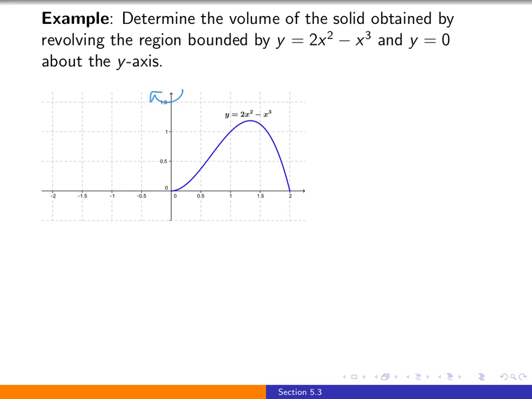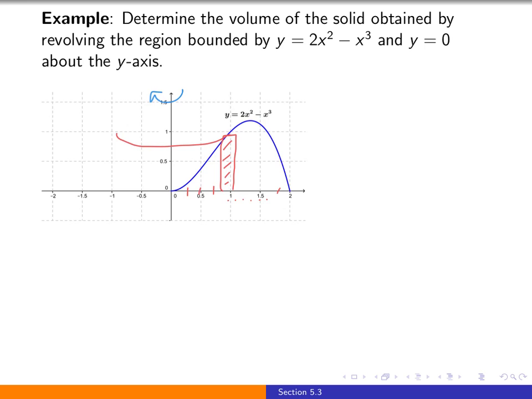So kind of the general idea with integration, we take this region from 0 to 2, you break it up into a bunch of equally spaced subintervals, and then on each subinterval we're going to approximate that associated volume. So in general what we are going to have is some small rectangle here that we take and we rotate it around the y-axis.